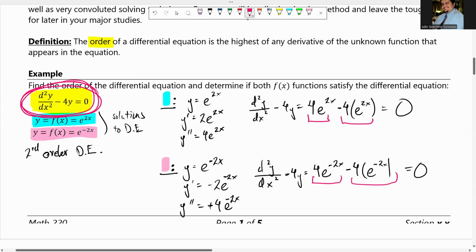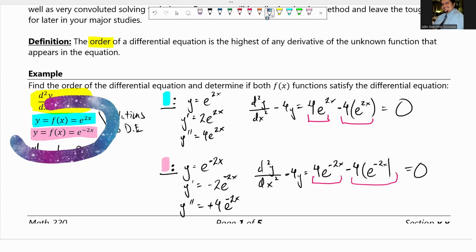I want to note something else really quick before I move on: both of the y functions that I provided are two distinct, different functions.